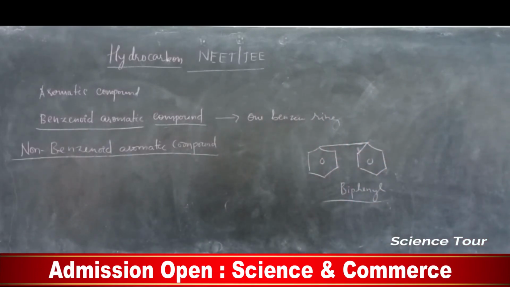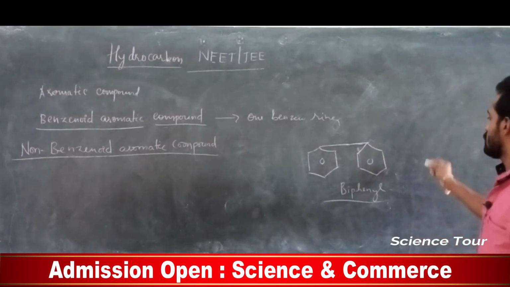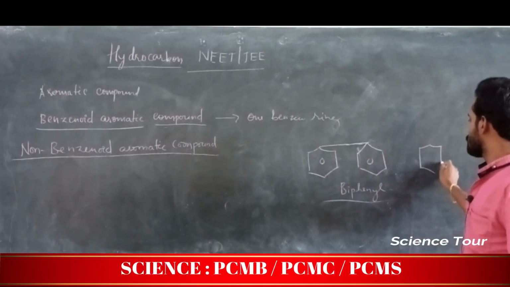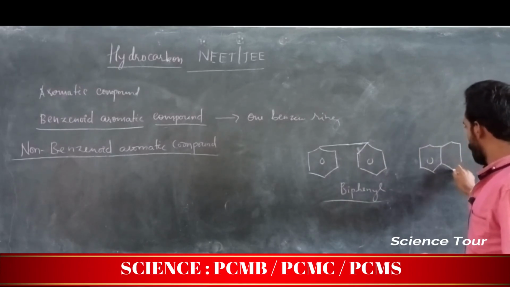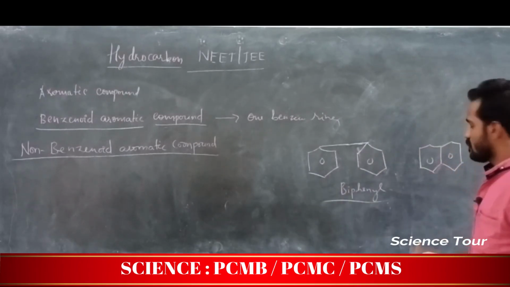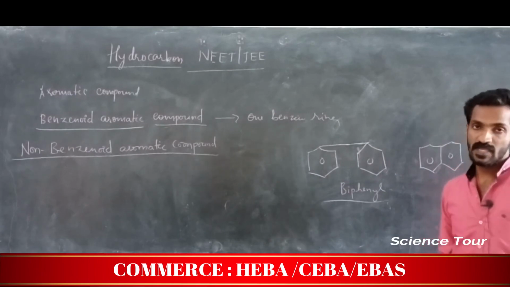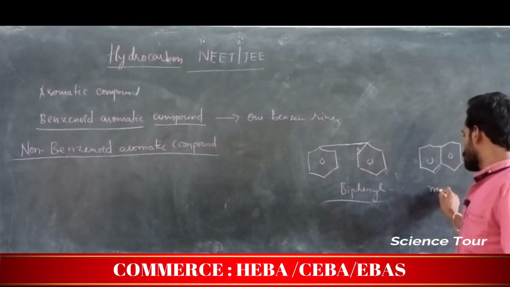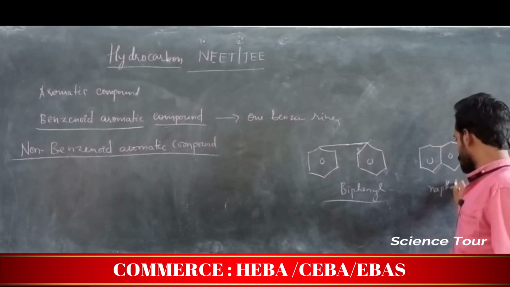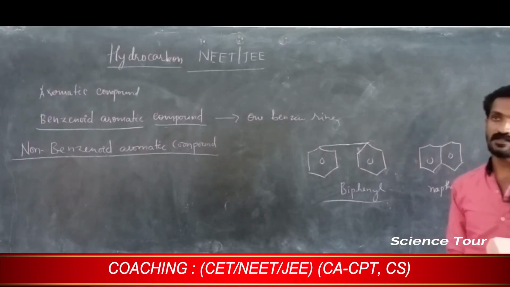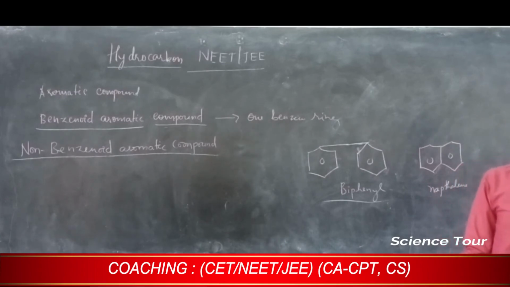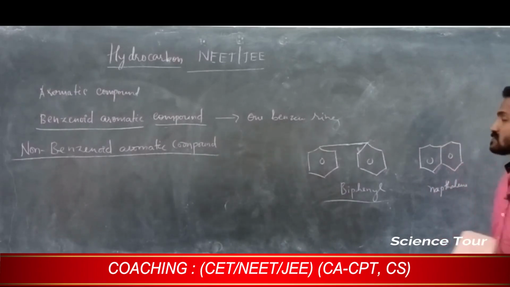Biphenyl. Understood? And naphthalene. Naphthalene is used as a moth repellent. Okay, naphthalene. And anthracene.